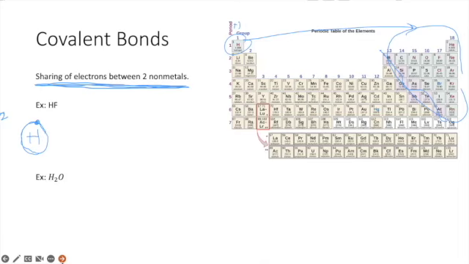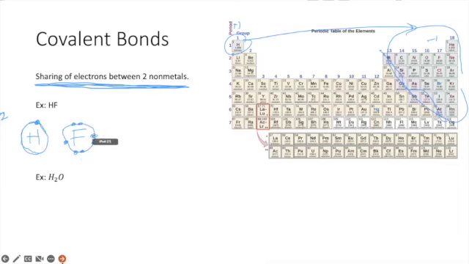So not only is he 1 away, fluorine here has a -1 charge. He is 1 away from having a full shell. So hydrogen could give it to fluorine, but then hydrogen has nothing left, and that's really bad.